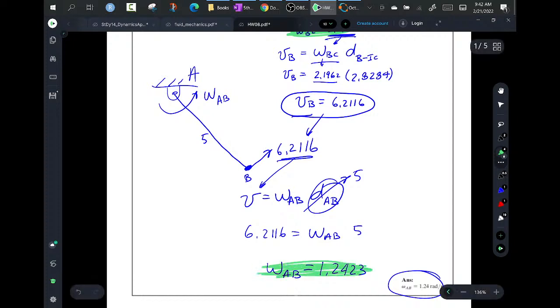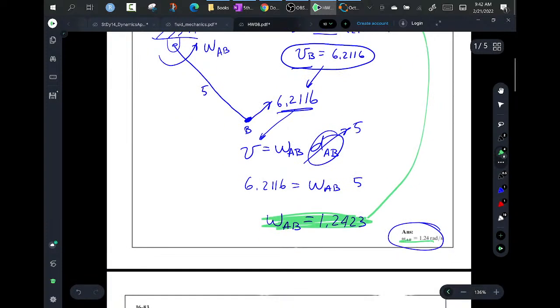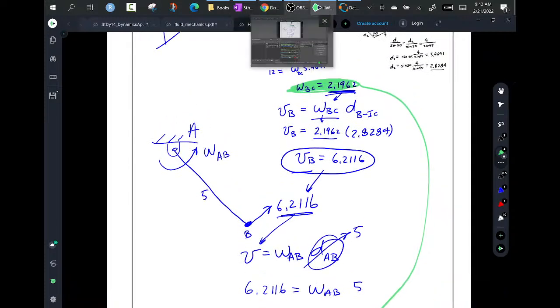So they were not equal. One was 2.19 and one was 1.24. He only wanted to know that one. But to find that one, you're going to have to find the other one. So let me go back.